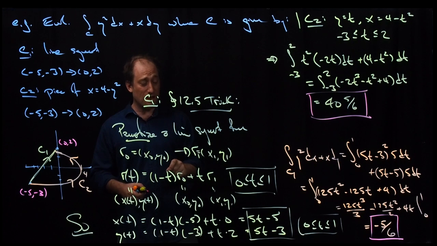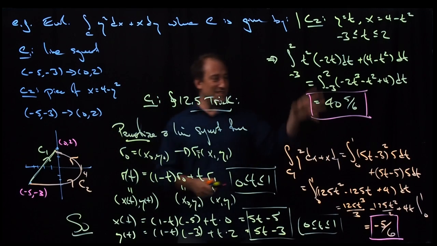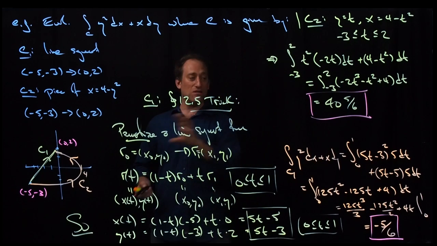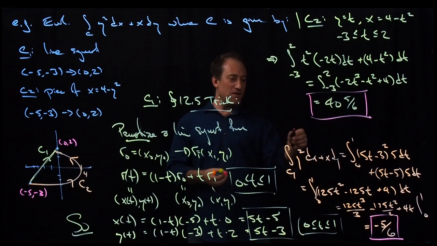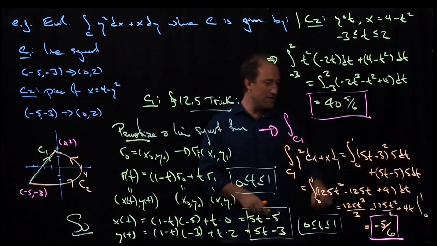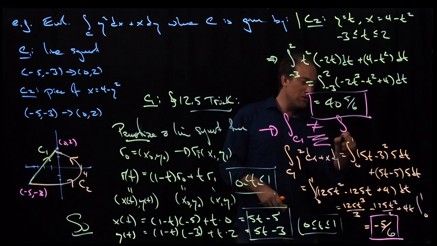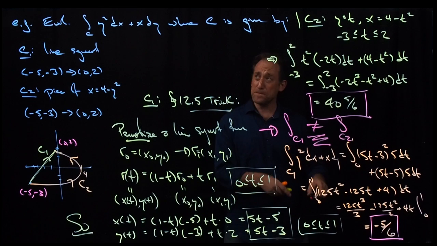They begin at the same point and they end at the same point, but taking different paths seems to have changed the result. Specifically, it should be pretty obvious that the integral along C1 is absolutely not equal to the integral along C2.